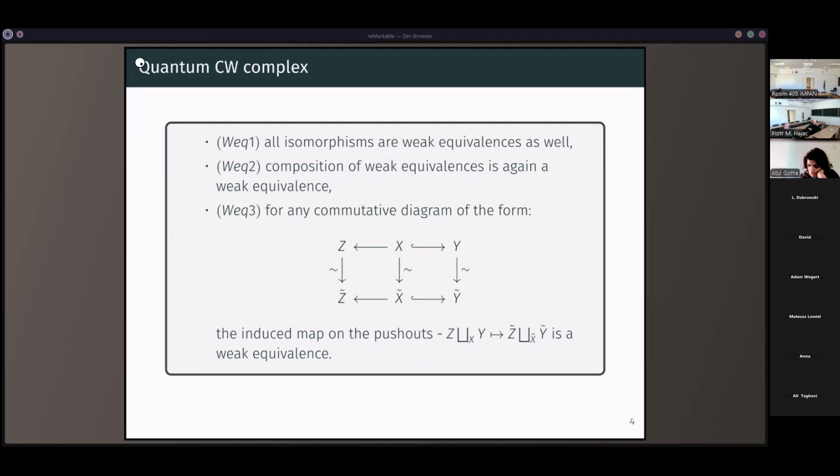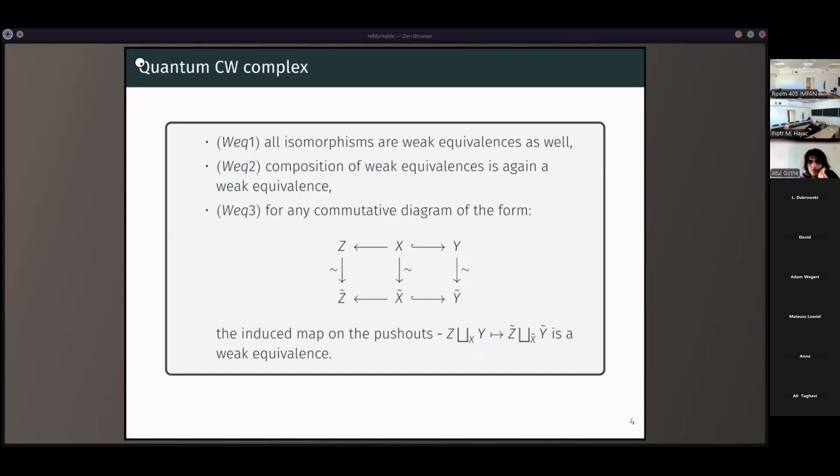The third condition, which is a bit more complicated: if we have a commutative diagram of this form, where we have a cofibration from x to y and from x tilde to y tilde, and cofibrations in the vertical direction, then the induced map on the pushouts is also a weak equivalence.